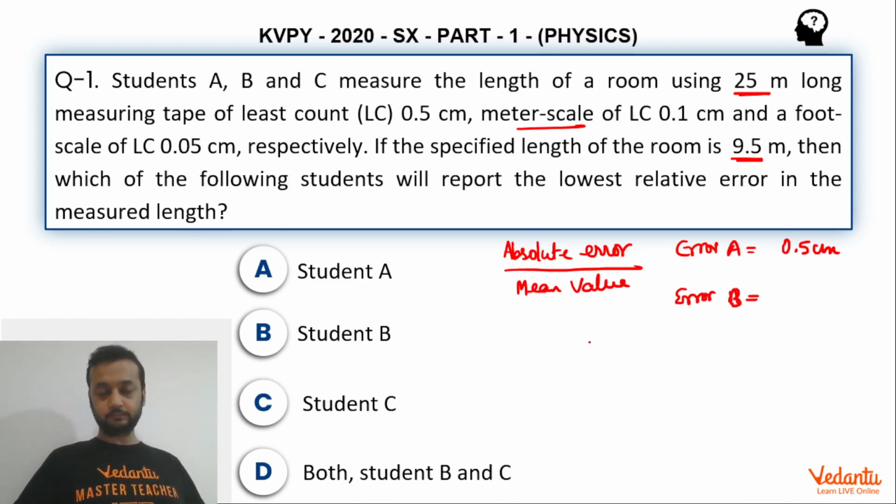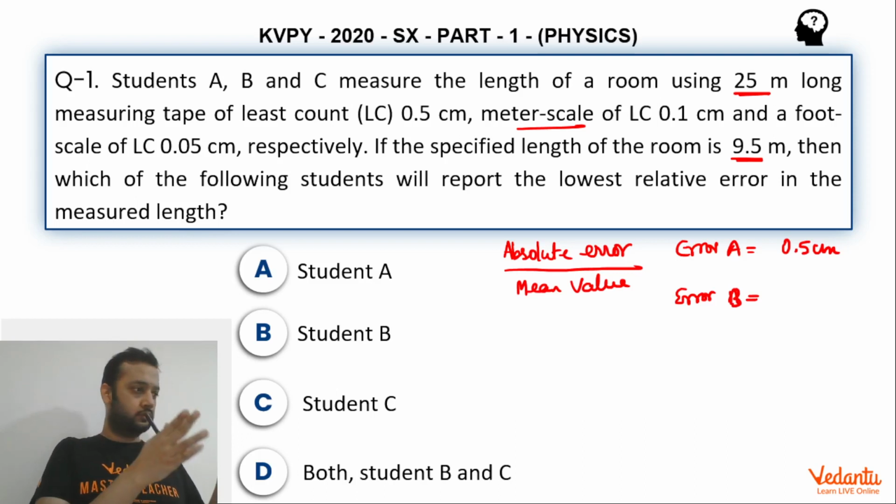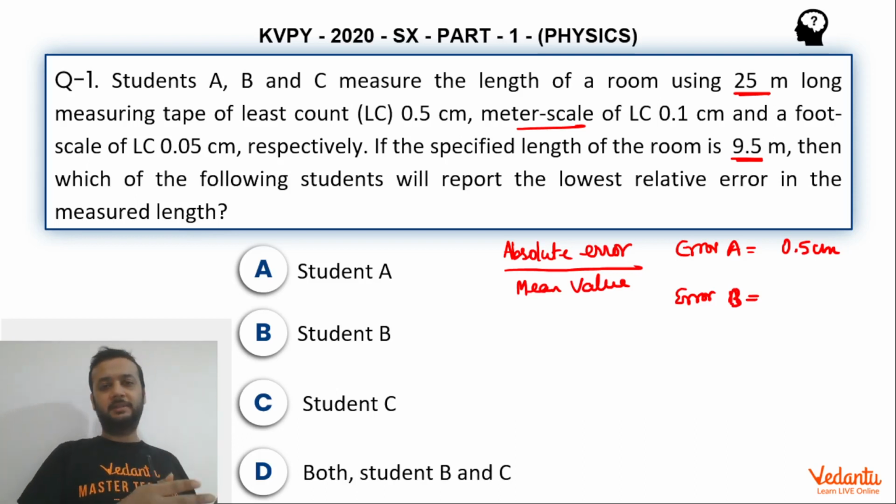Imagine you have a cloth of 9.5 meters and you have to measure it using a meter scale. You will keep the meter scale at the left end of the cloth, mark the 100 centimeter mark, then shift the scale and place its zero at that mark, and measure a second time. You will do this multiple times.